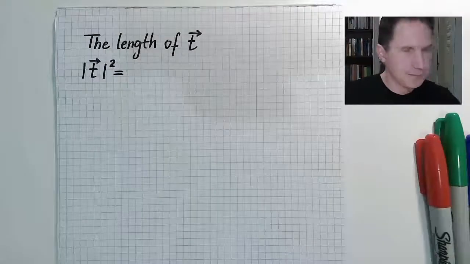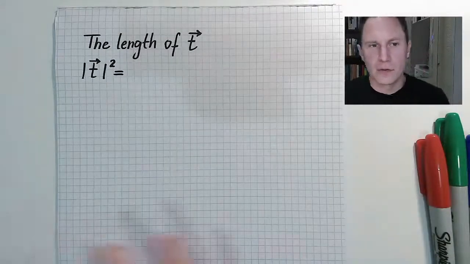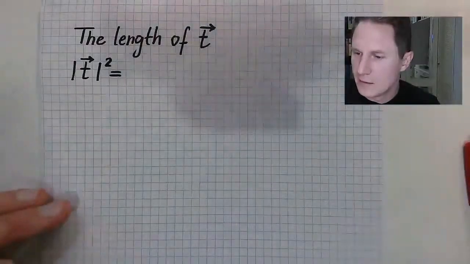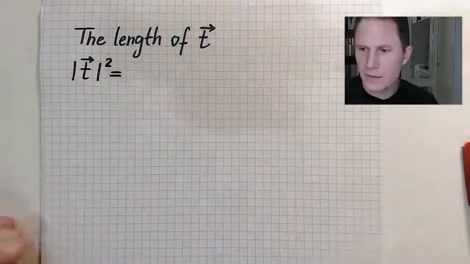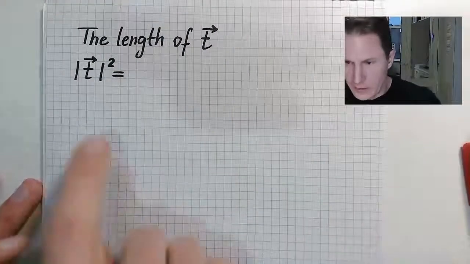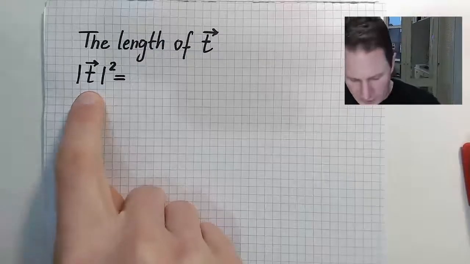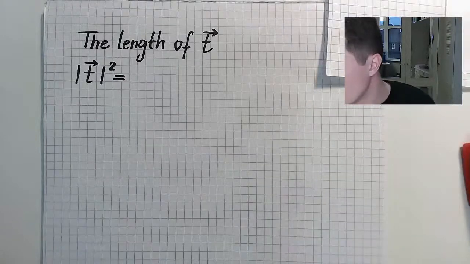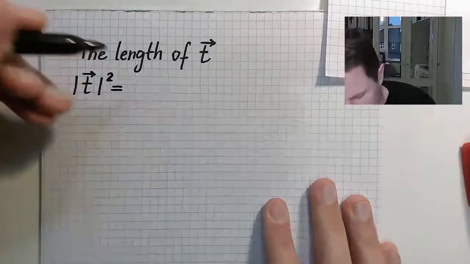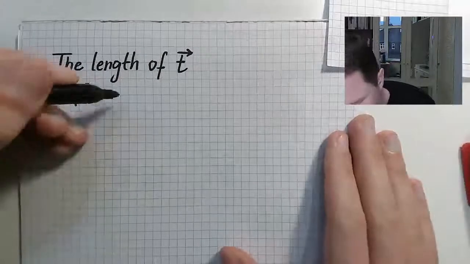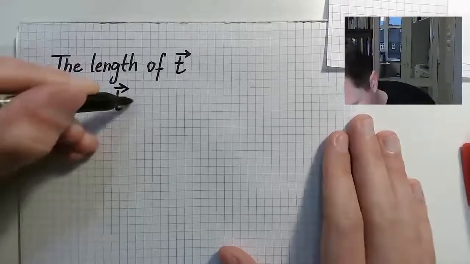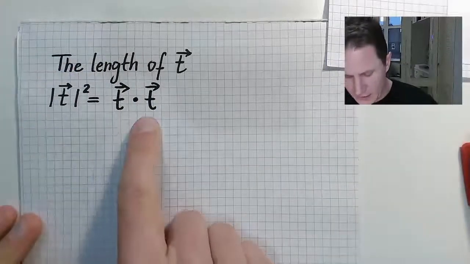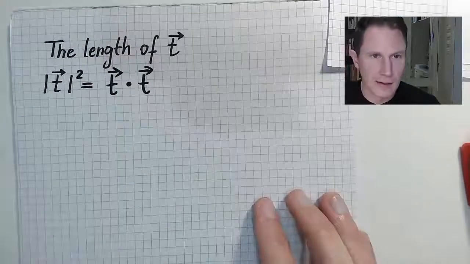So for the length of t, we could calculate the squared length of t. So if you remember, this vector little t had the following form. The squared length of t is the same thing as the scalar product of t with itself, and little t had the form.